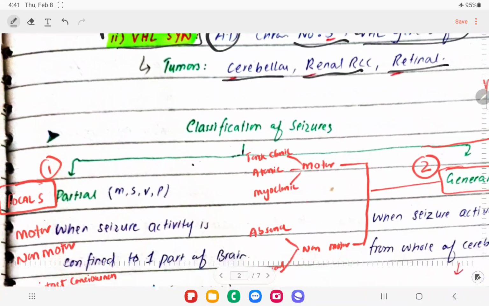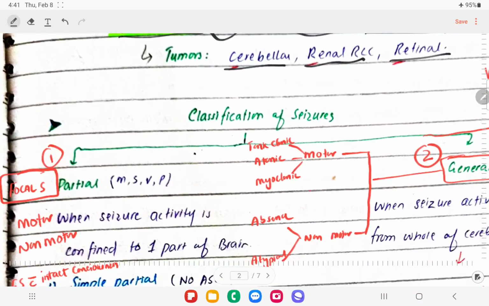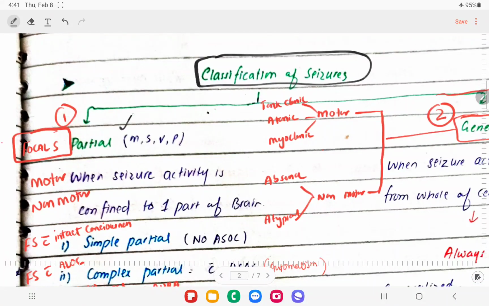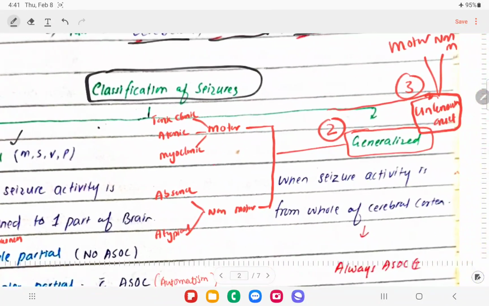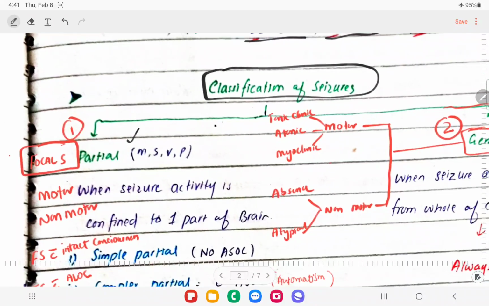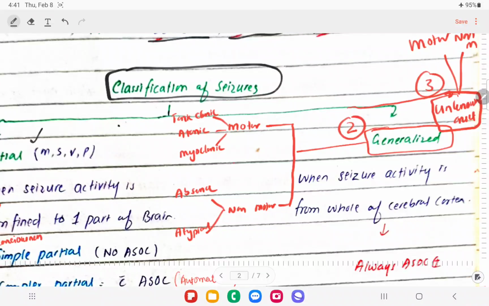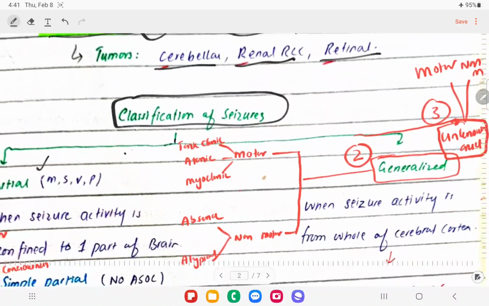So let's classify the seizures. All right, so previously we used to call it partial and generalized seizure, right? Now we call it focal, generalized and unknown type. Further, we're going to divide the focal seizure into motor and non-motor type, and also we're going to divide the generalized into motor and non-motor type, right?